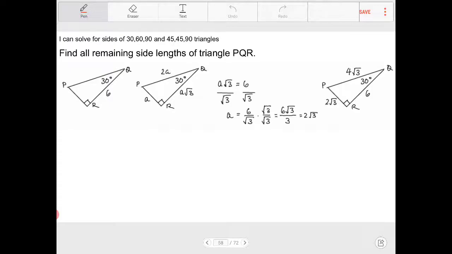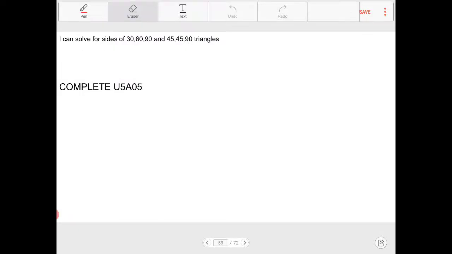I forget, 6 radical 3 over 3 can be reduced because 6 over 3 is 2. My bad. And 12 over 3 can be reduced to get 4.